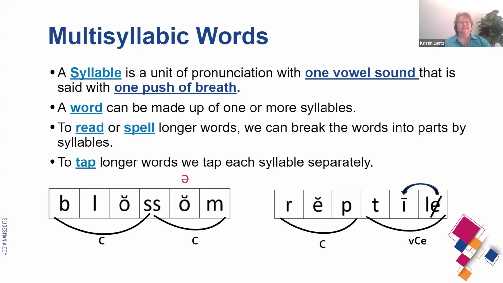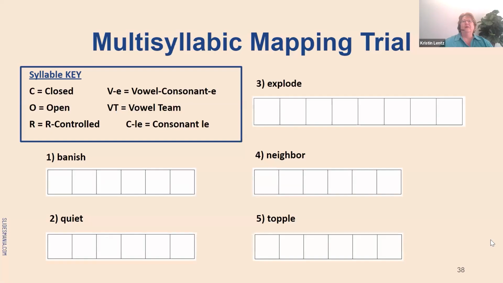You could even identify the syllable types underneath. This is something that's done in a number of different programs, including Wilson and Foundations. So I may be indicating what the syllables are, as well as mapping them into the boxes. You can also see I did include the schwa above in blossom, if that's something you're explicitly teaching.